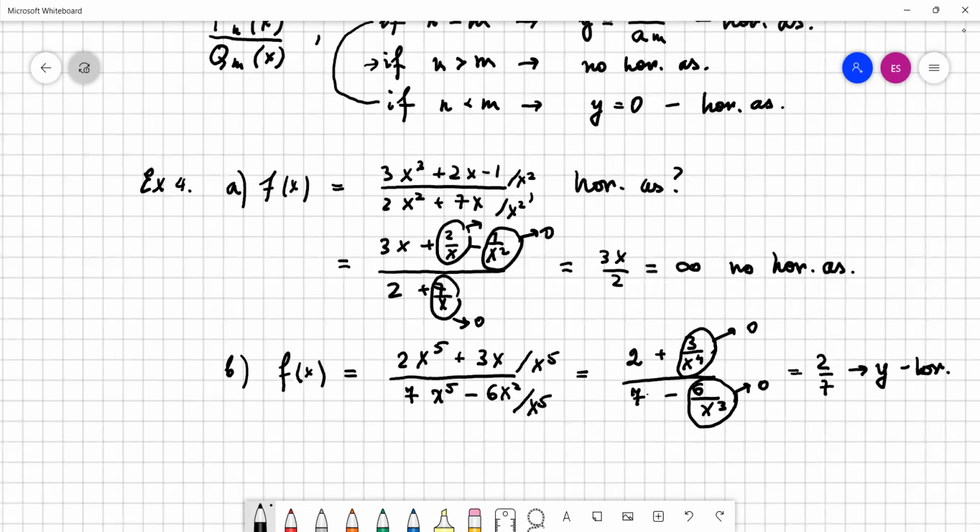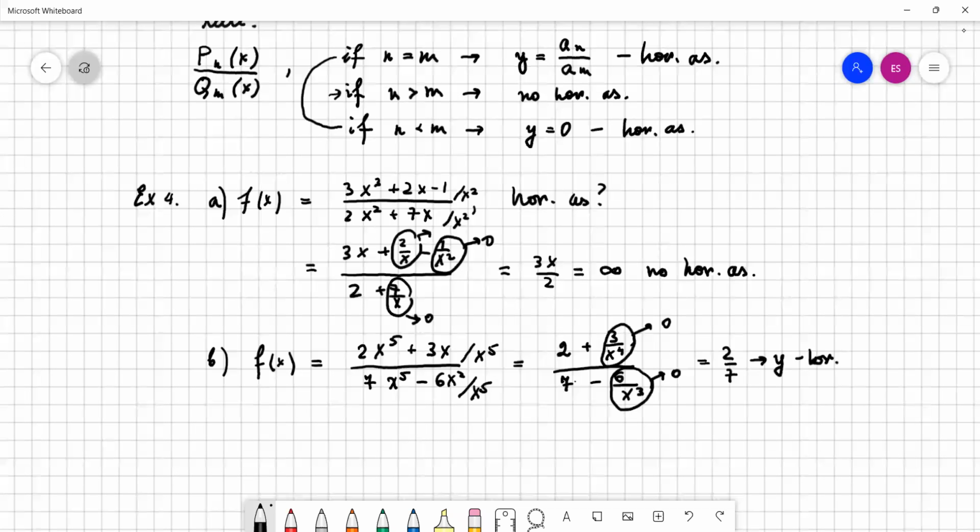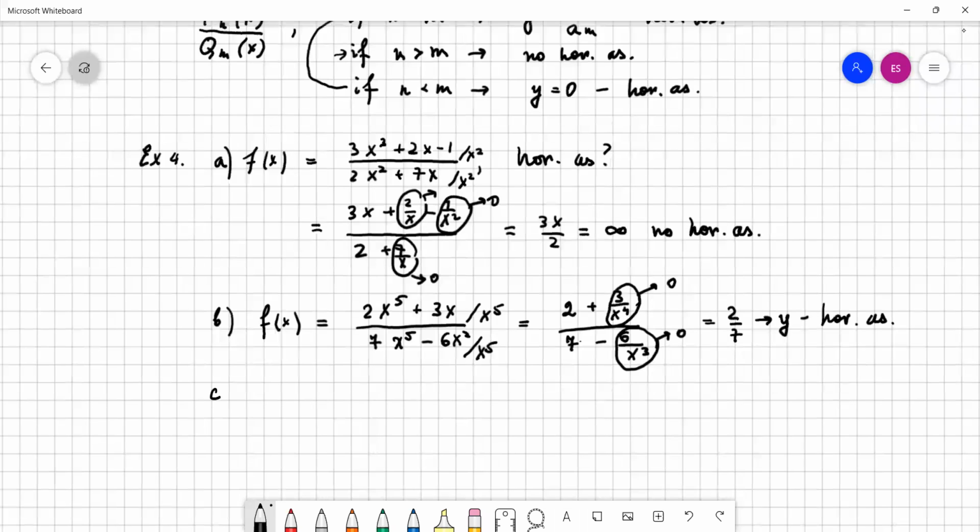That's going to be my horizontal asymptote. And the last example, just to verify the rule. f of x equals 3x plus 1 over 4x cubed plus x.